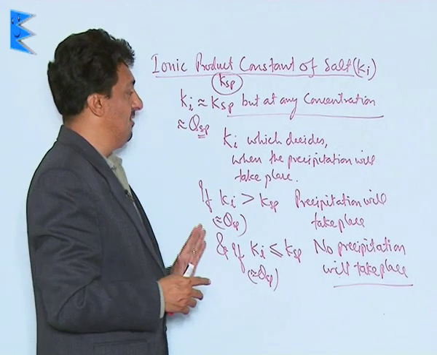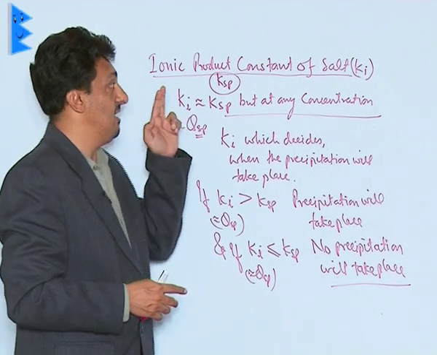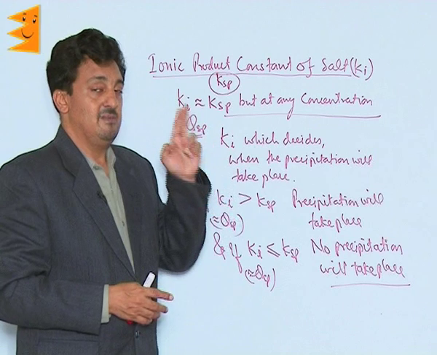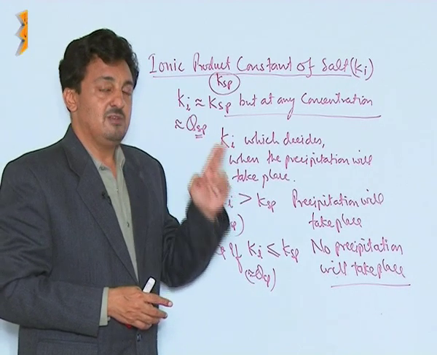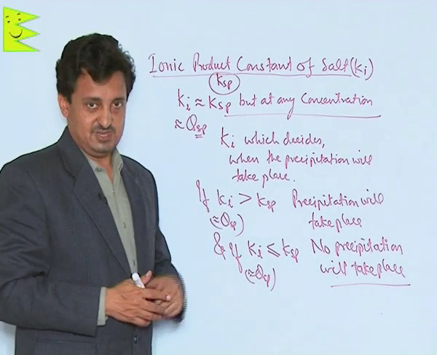So this is a very valuable information, and Ki, your ionic product constant, is the actual term which gives us the idea about the precipitation.